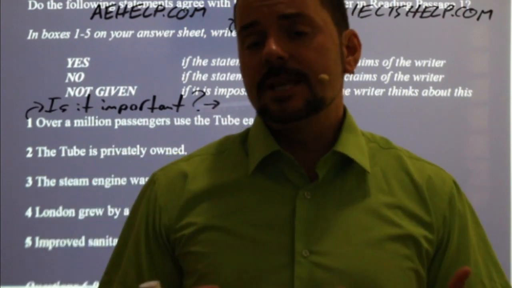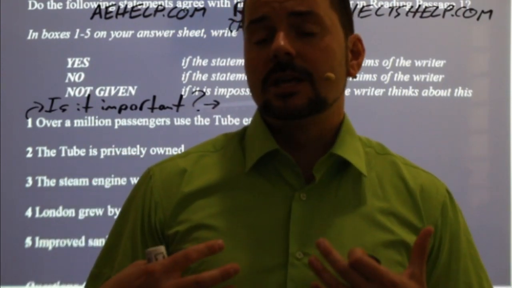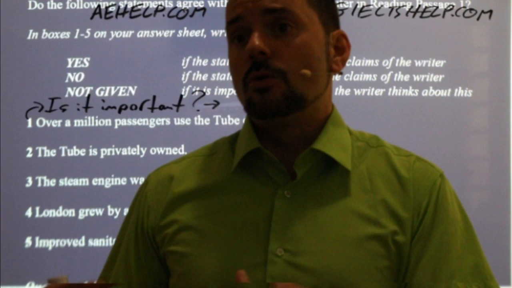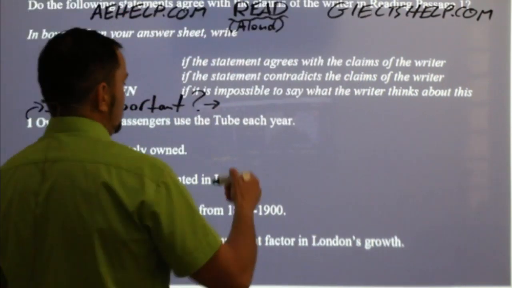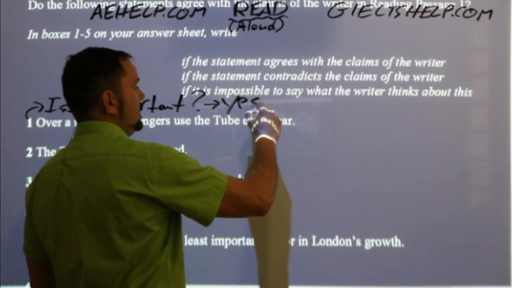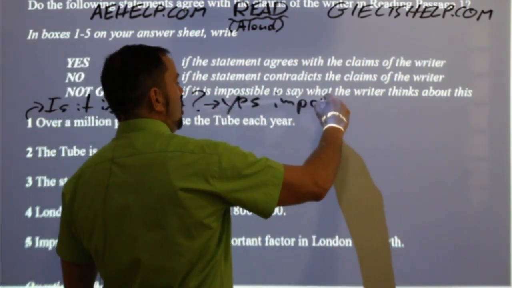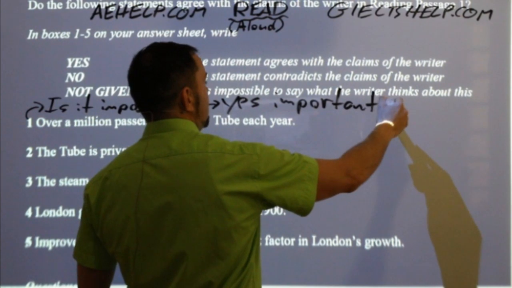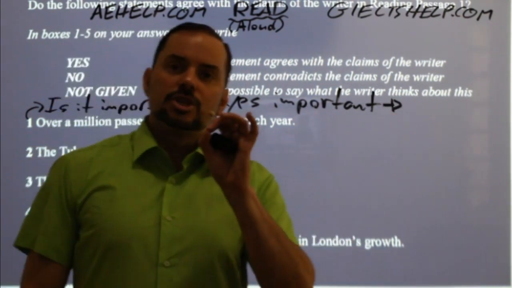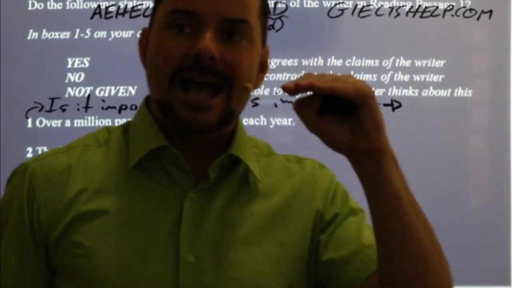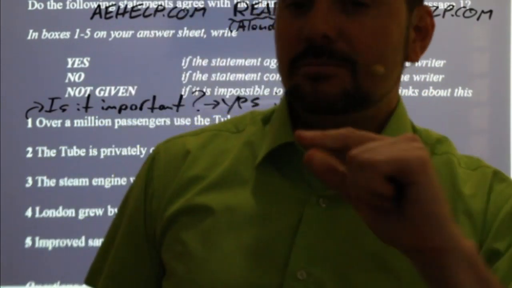Because the first step we want to do with yes, no, not given is figure out if it's given or if it's not given. Very good, students. So many of you are saying, yes, it's important. Also, by going through these steps, it slows down your thinking a little bit, which means that you'll increase your accuracy rate. Did everybody catch that?